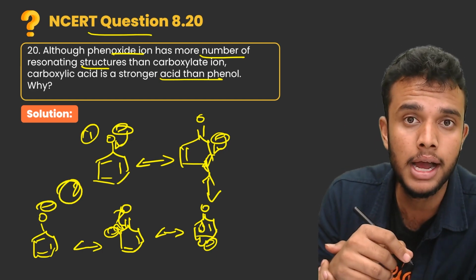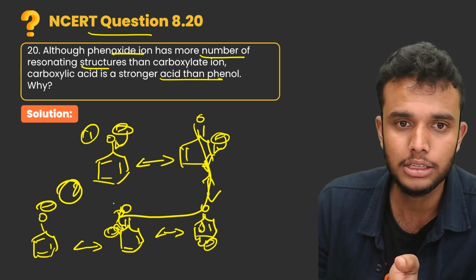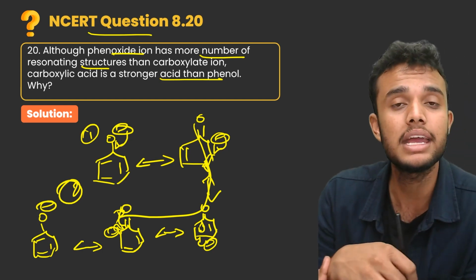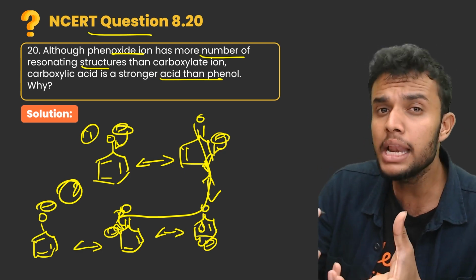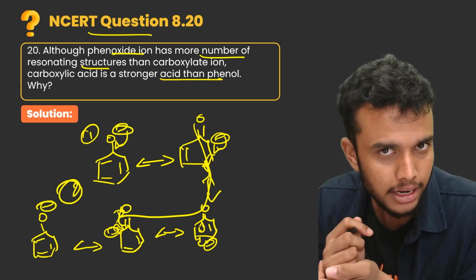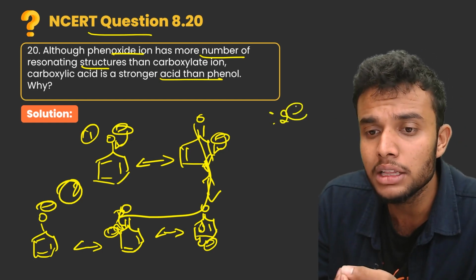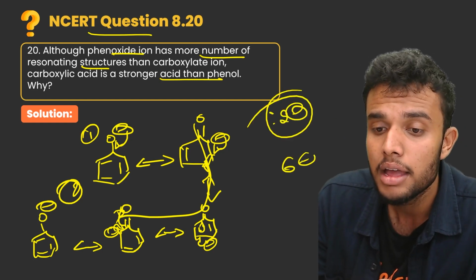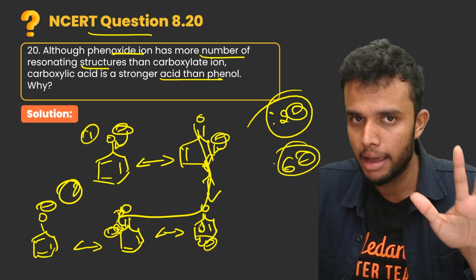It's nothing but these 3 resonating structures are eliminated. Compared to carbon, oxygen has a high ability to hold the negative charge, right? Why? Because oxygen already needs another 2 electrons; in oxygen, totally 6 electrons are there.